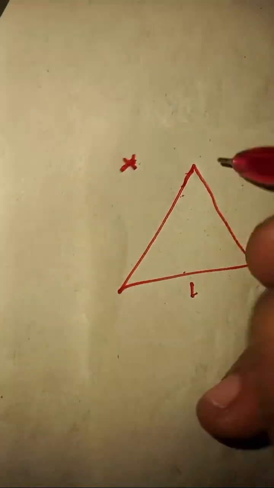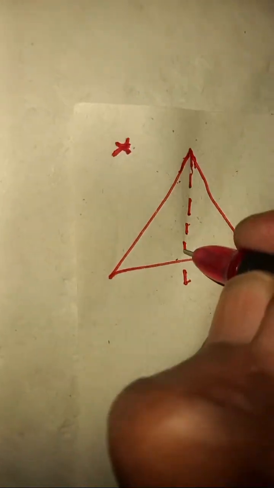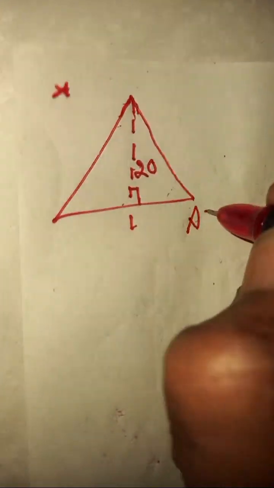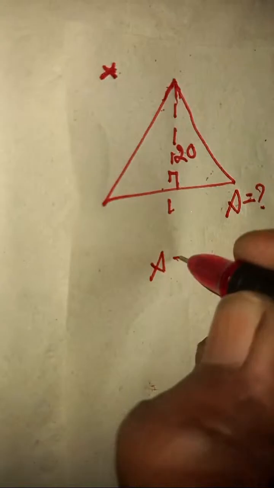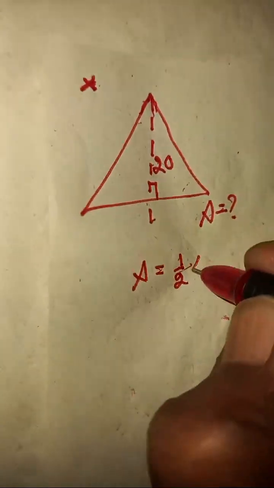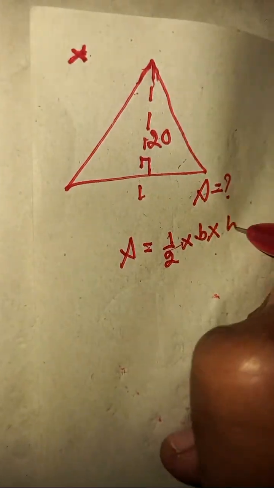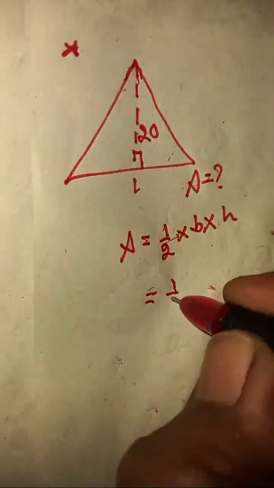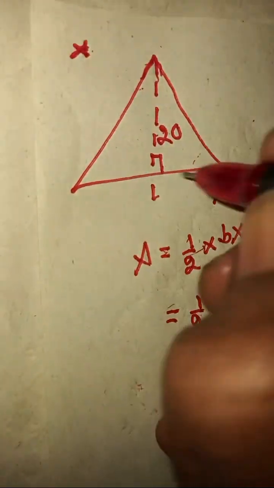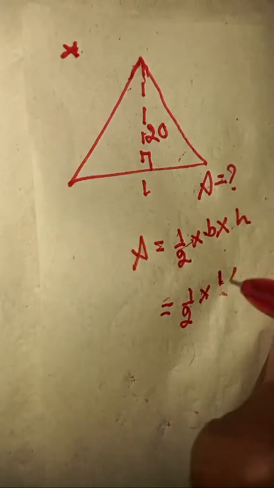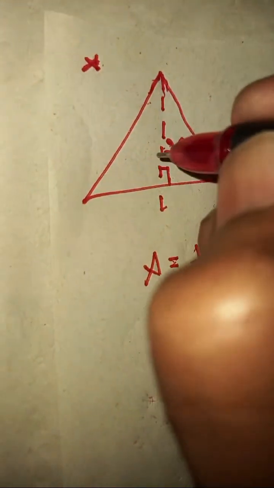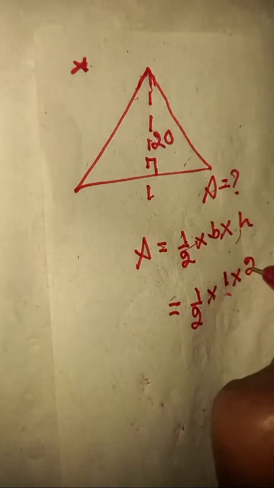In this triangle, they have given the base as 1 units and the perpendicular height as 20 units. You need to find out what's the area. Area of a triangle is half times base times perpendicular height. Here also the same: half times this is the base, which is 1 units, times this is the perpendicular height, which is 20 units.